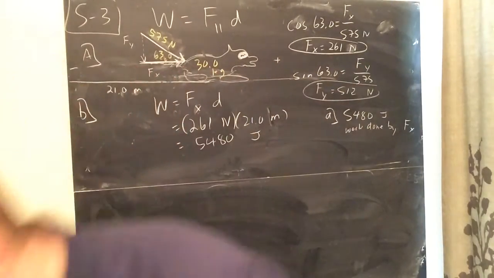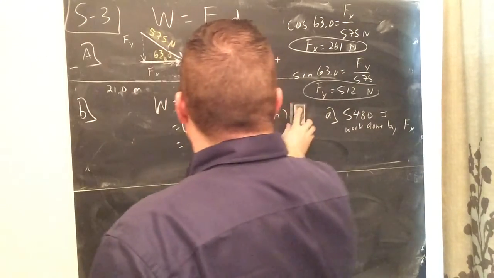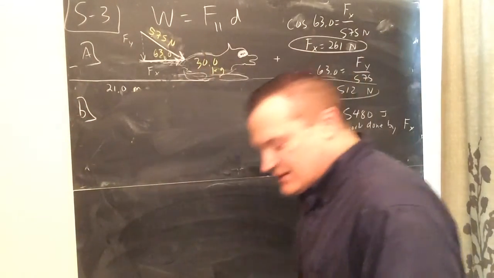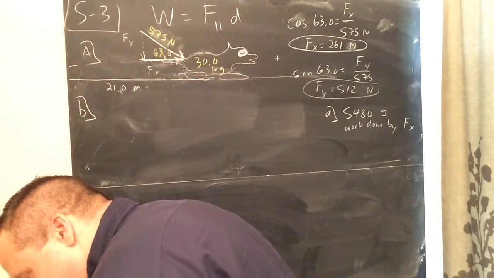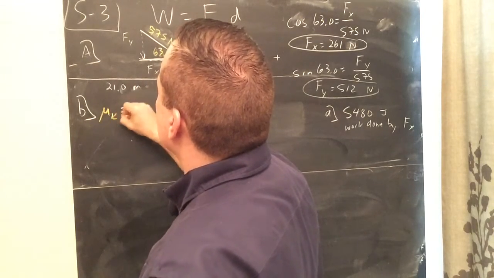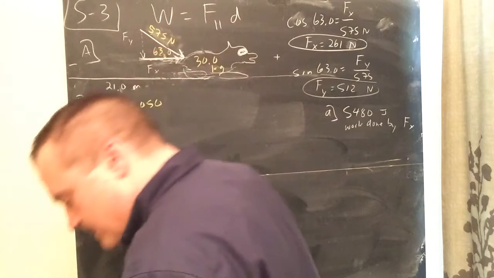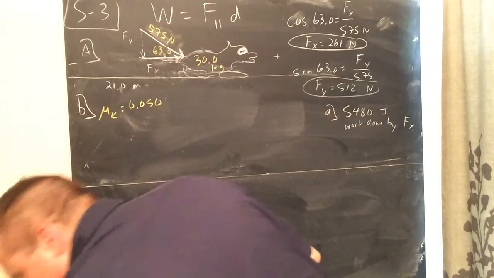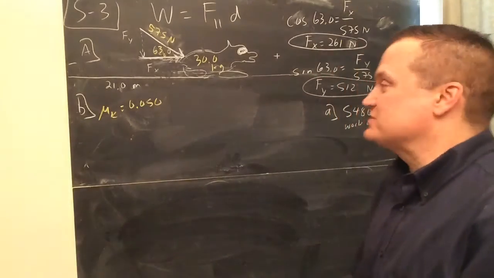That's how much work is done by Fx. Now for B, it says if his mass is 30 kilograms and if mu k is 0.050, then find the work done by friction and the net work done. The work done by friction and the net work.